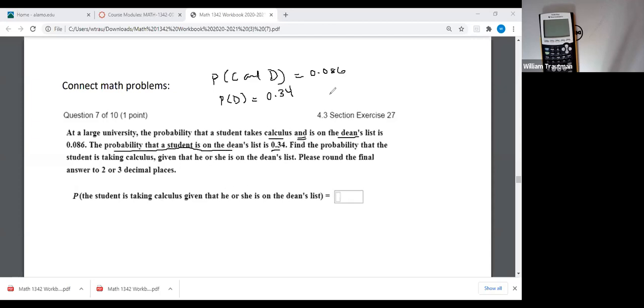So we're going to find the probability that the student is taking calculus given that she's on the dean's list. So you've got to be able to write that. The probability that they're taking calculus given that they're on the dean's list. So we want to go back up to our formula and look at this.